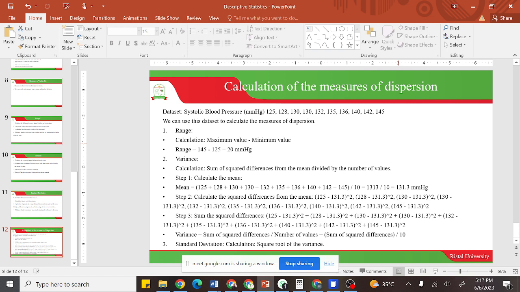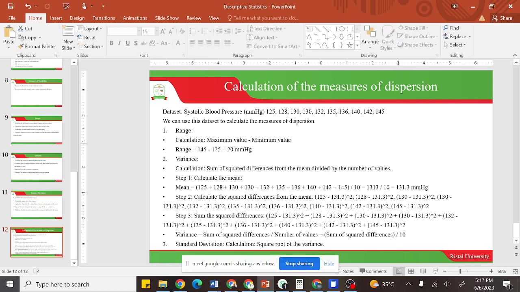We want to see how this data is spread. That is what we mean by measures of dispersion. So the first measure is the range, the maximum minus the minimum.